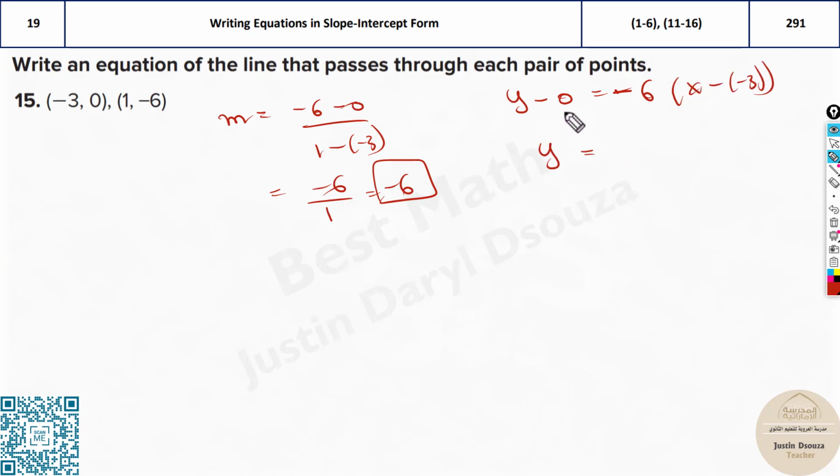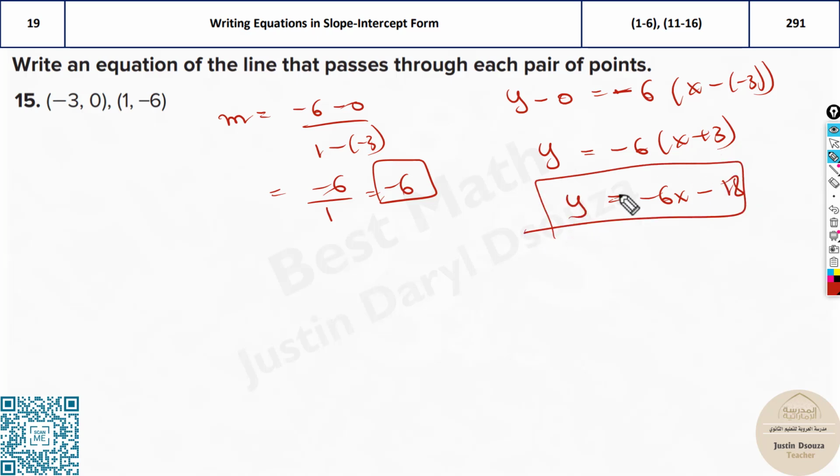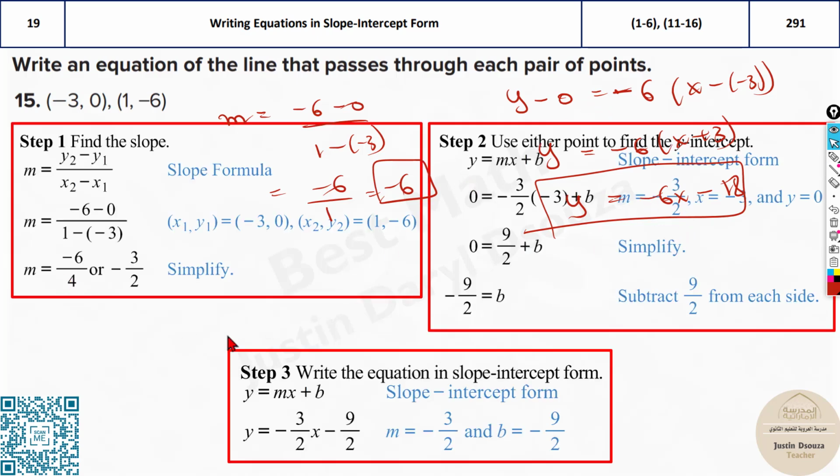And y minus 0 is y itself. Minus 6 times x plus 3. And here we will have minus 6x minus 6 times 3 is 18. And this is how, from the point slope form, we got the equation of the line.